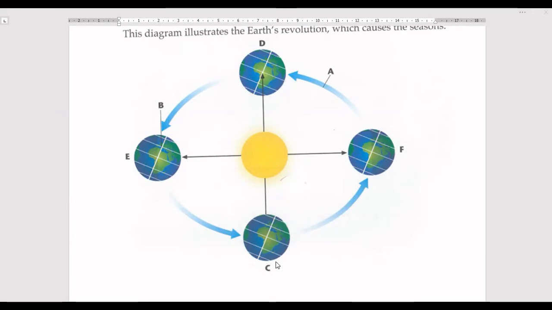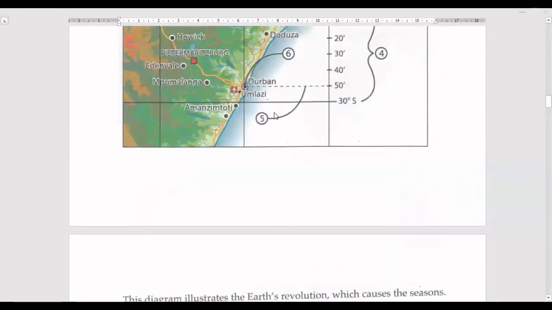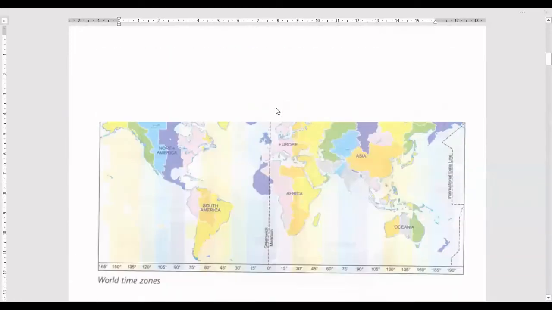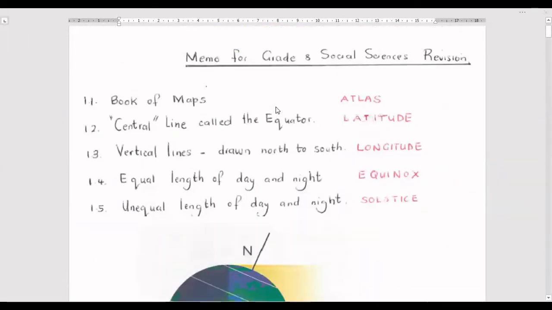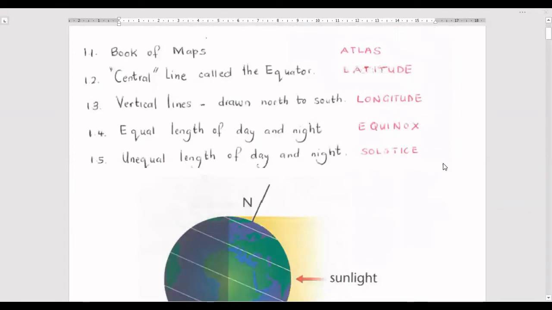Then you have your 23rd of September, the one down here, and the sun is striking directly at the equator as well. So during these two positions, D and C, those are going to be the equinox time, where the sun is striking directly at the equator. And therefore we said an equal length of day and night. Other times it'll be unequal, and we'll see it again just now.